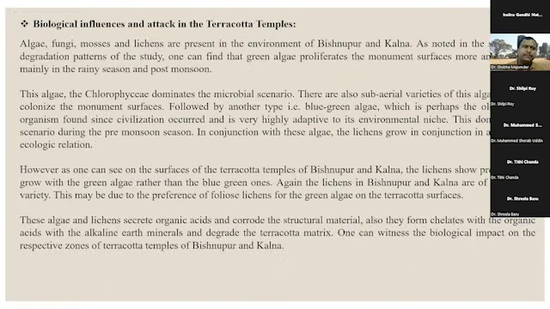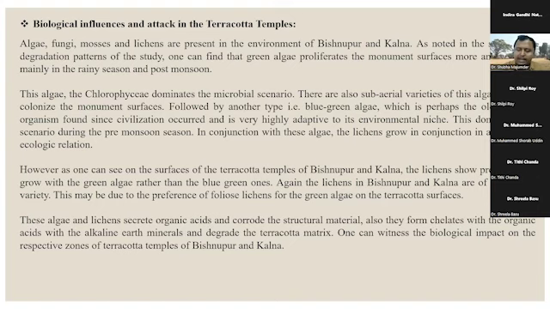There are some biological effects which I try to discuss in the presentation also, because the terracotta plaques are damaged by algae, fungi, moss and lichen present in the environment of Bishnupur and Kalna. As noted in the survey, in the degradation pattern of the study, one can find that green algae proliferate on the monument's surface, mainly in the rainy season and post-monsoon. These algae and chlorophytes dominate the microbial scenario.